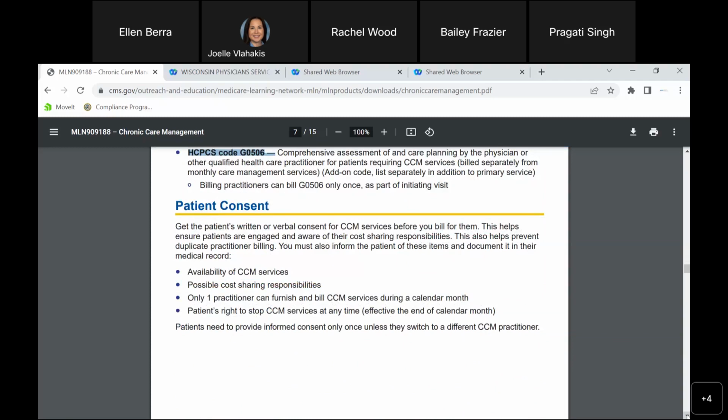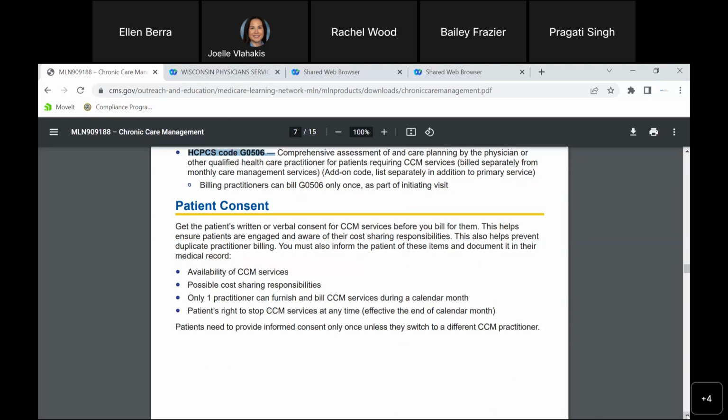Now, when we're talking about the patient consent, this is a little different than the normal authorizations that you would have with your patient, where the patient is signing an authorization form to allow you to submit claims to Medicare, to allow you to release information as needed, to allow you to receive that payment back.